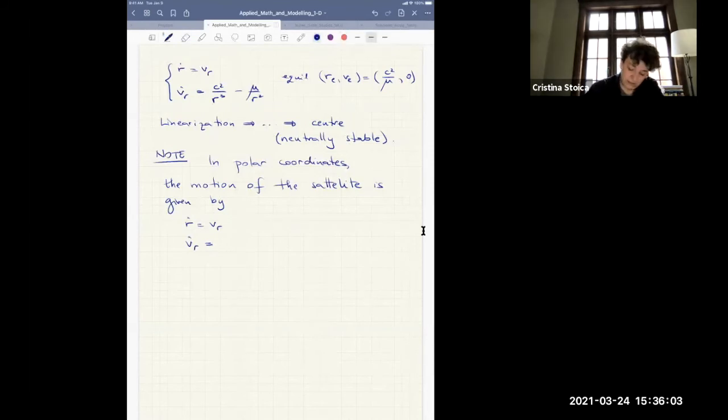So it was r v theta squared minus mu over r squared.